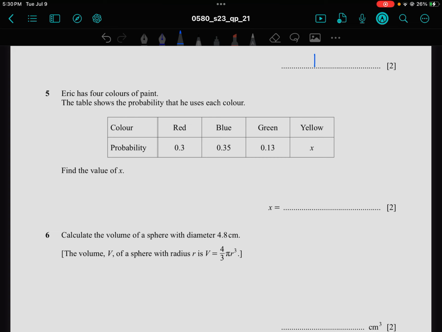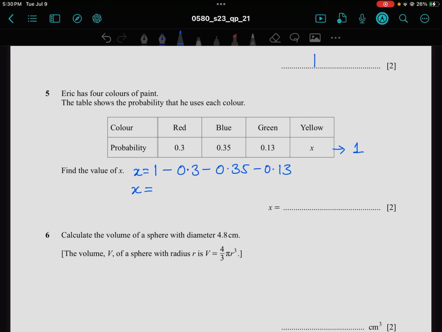For probability, let me tell you one thing, that the sum is always 1. So when you know the sum, what you will do? You will subtract the rest of the probabilities from 1 to get the probability of yellow. So 1 minus 0.3 minus 0.35 minus 0.13 will give me the value of x.